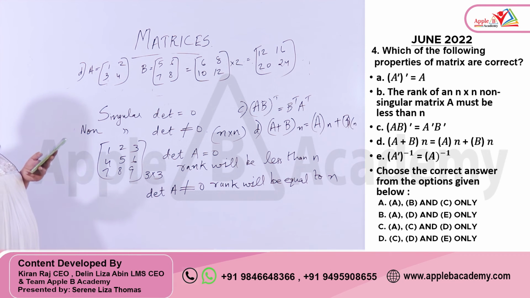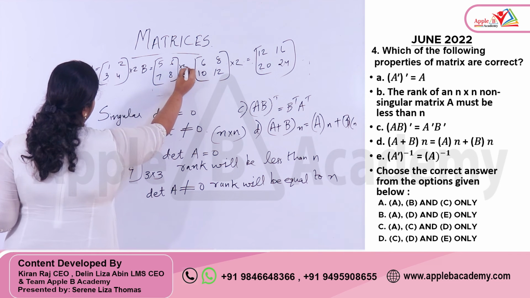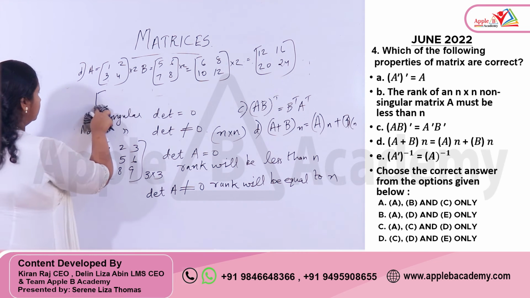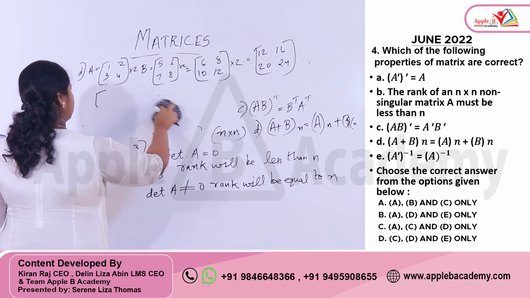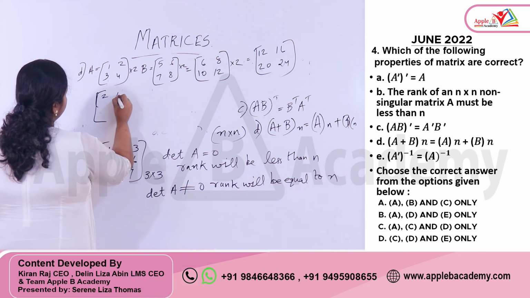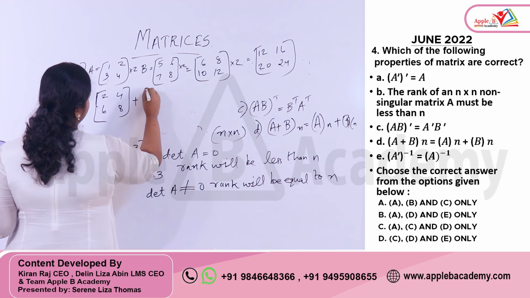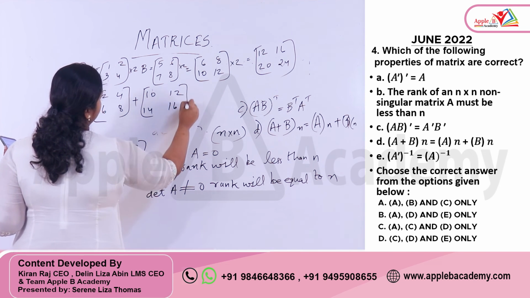Now, the next statement is A into n plus B into n. Let's see. A into n is 2, 4, 6, 8, plus B into n, which is 10, 12, 14, 16.